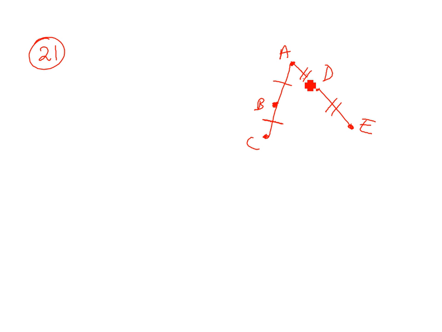So what we probably need to do is put 2 tick marks on this. If we put 2 tick marks on that, we still know it was congruent to this one, so this one has to have 2 tick marks on it, and then that tells us that all 4 of these are congruent. It also tells us that B and D are midpoints of each of the segments.